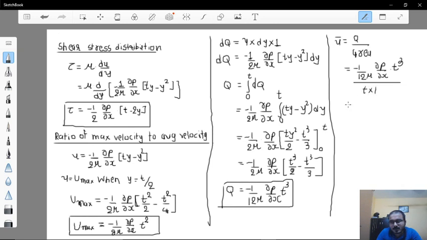So here it will be equal to minus 1 upon 12 mu into del p over del x t square. This will be the value of u bar.